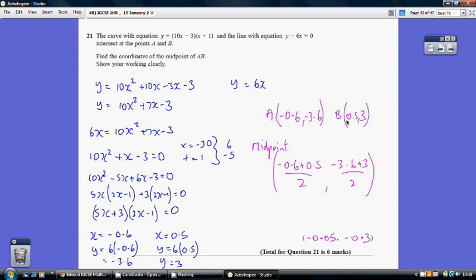Well, I average the x coordinates and I average the y coordinates. So to average the x coordinates, minus 0.6, add 0.5, divide this by 2, I get minus 0.05. And to average the y coordinates, minus 3.6, added to 3, halve this, I get minus 0.3.